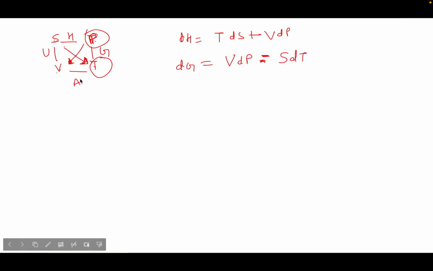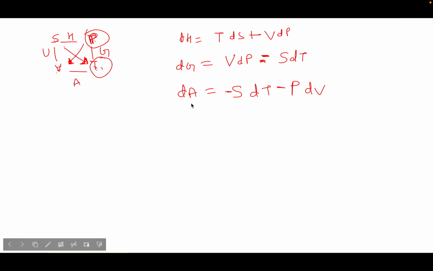Now dG is done. Now dA is equal to dT and dV. From T we are going to S and the arrow is not toward S, so it is minus SdT. From V we are going to P and the arrow is not towards P, so it is minus PdV. So it is minus SdT minus PdV.